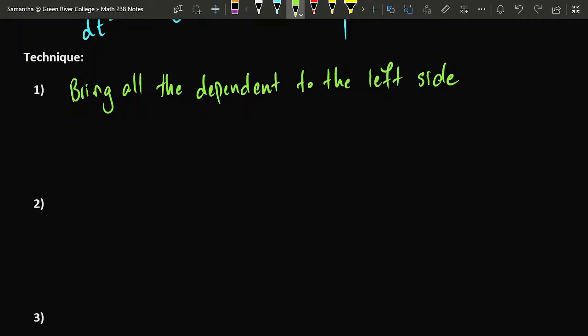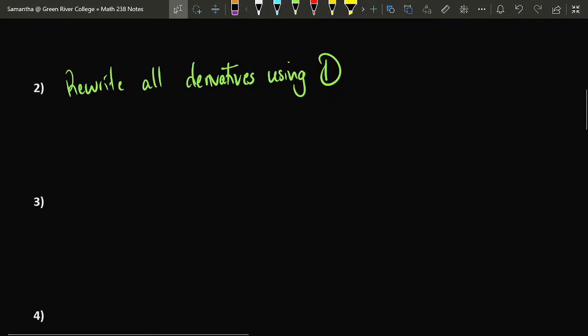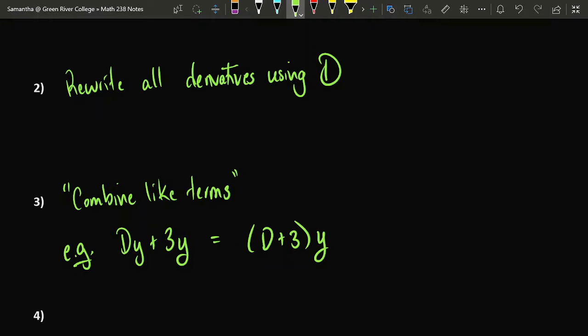And then we rewrite all the derivatives using the differential operator. Once that's done, we combine like terms. What I mean by that is, if you have something like Dy plus 3y, combine that into D plus 3 times y. That way, there's only one copy of y.